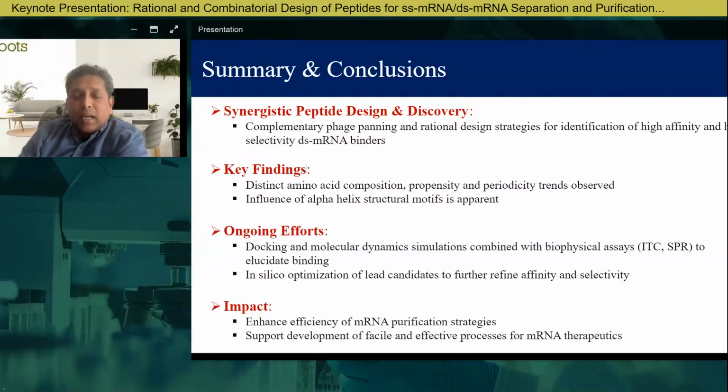And finally, I hope the impact this work will have goes beyond the molecules that we've studied. We've looked at mRNA here, but we are already working on applying these approaches and methods to other targets, including DNA, circular RNA, RNA with other types of modifications.